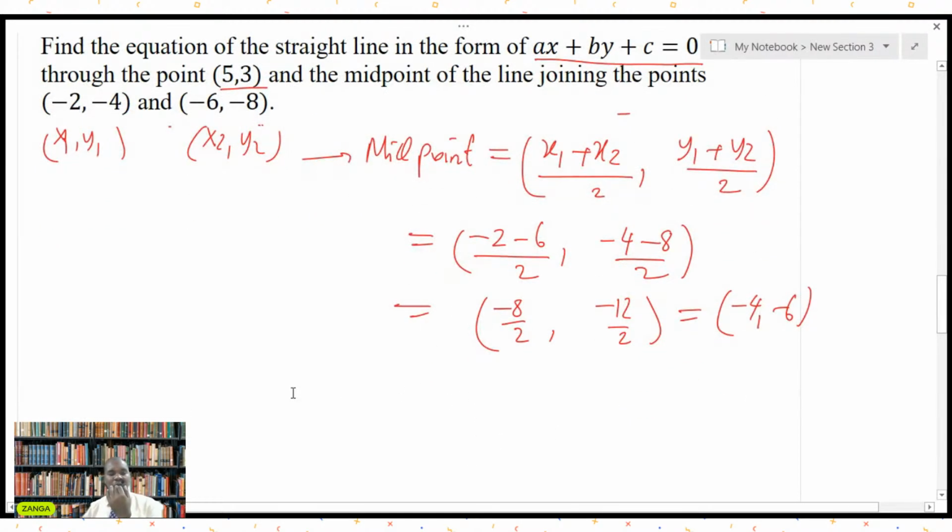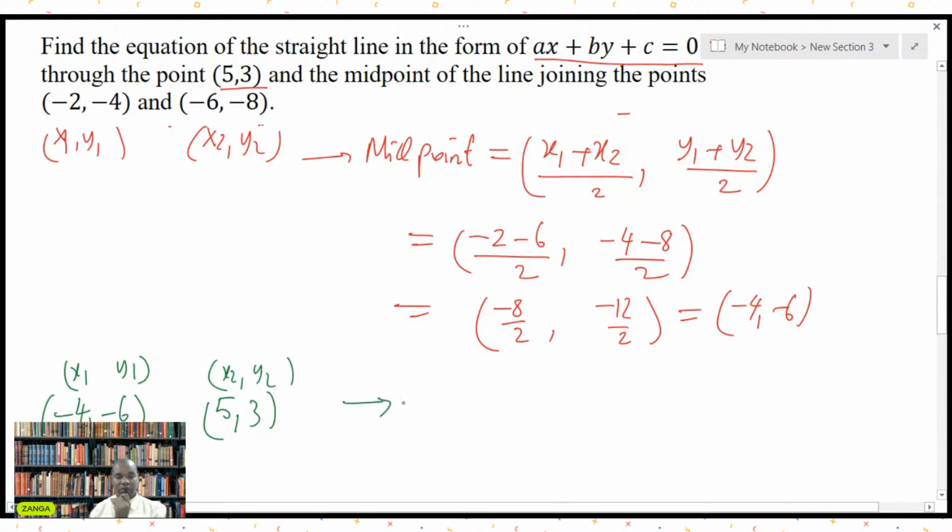Now we're going to have 2 points. We have -4, comma -6 as the first point, and we have 5, comma 3 as the second point. So we're going again to term them as x1, y1, and this can be considered x2, y2.